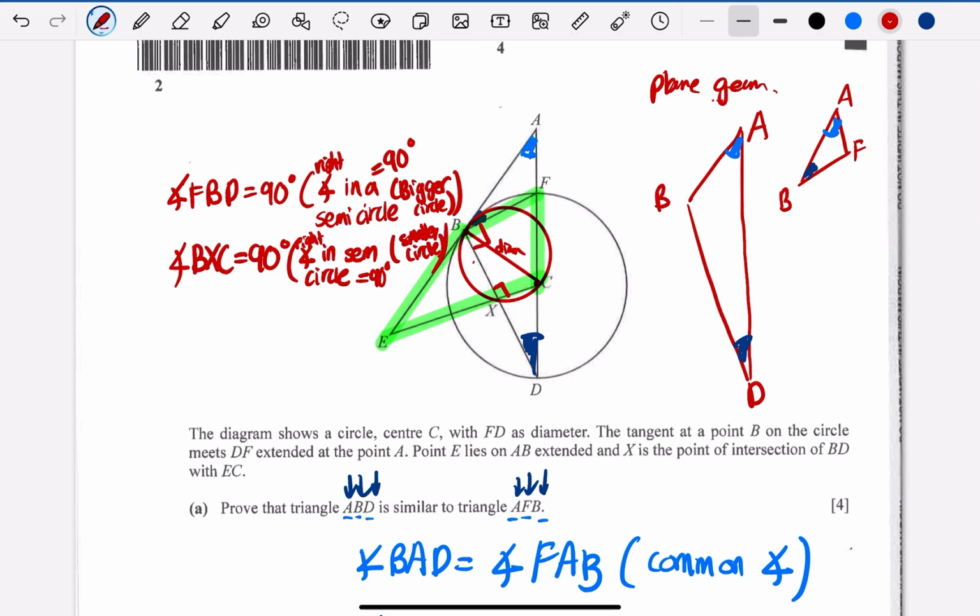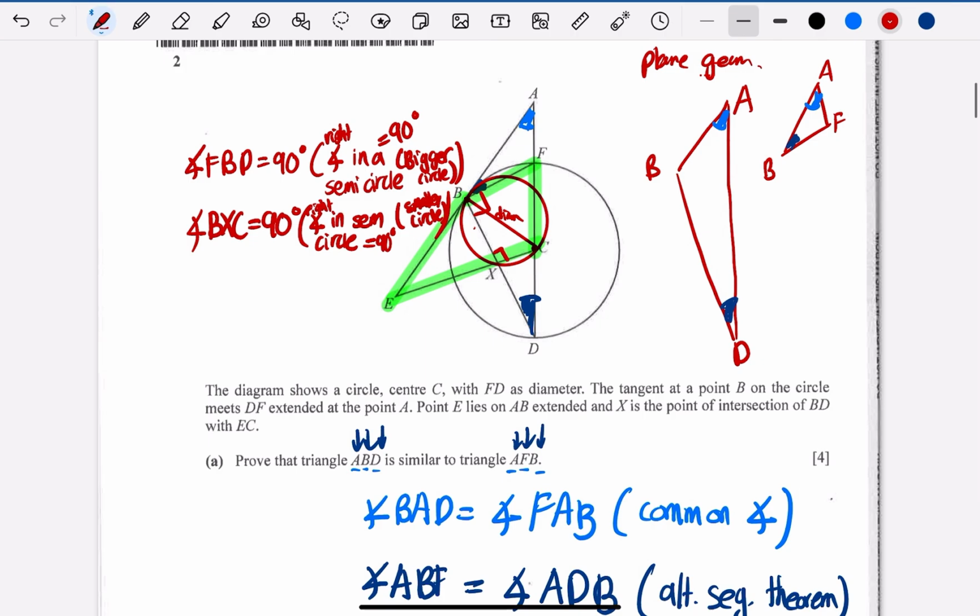Okay, so this is for our second angle, and from this we can then conclude. Therefore, angle FBX plus angle BXC equals 180 degrees.